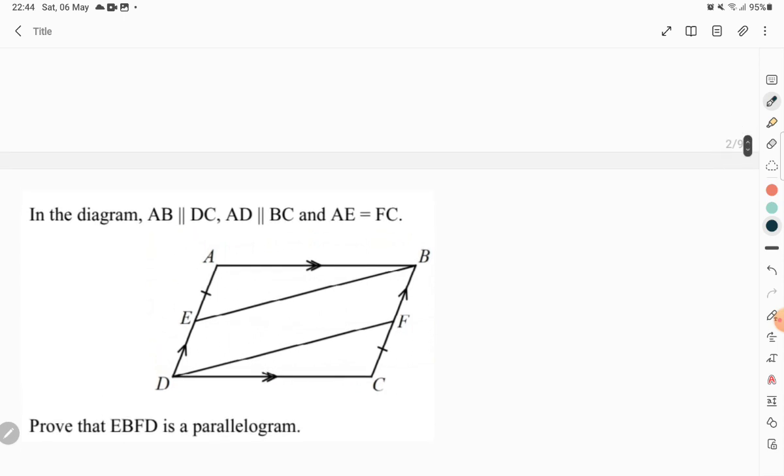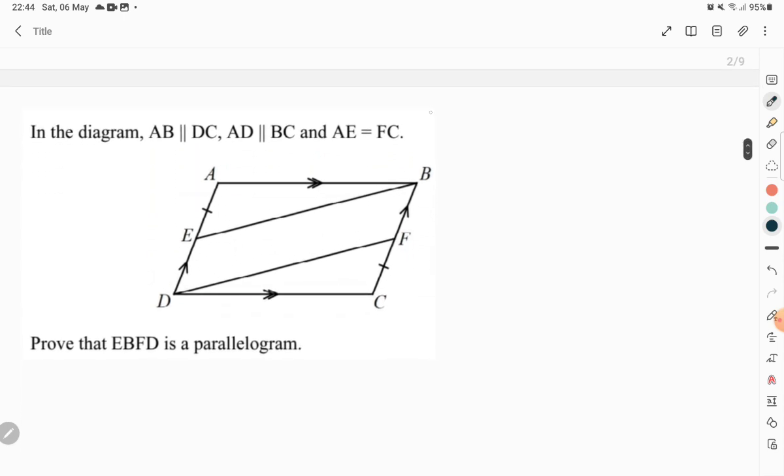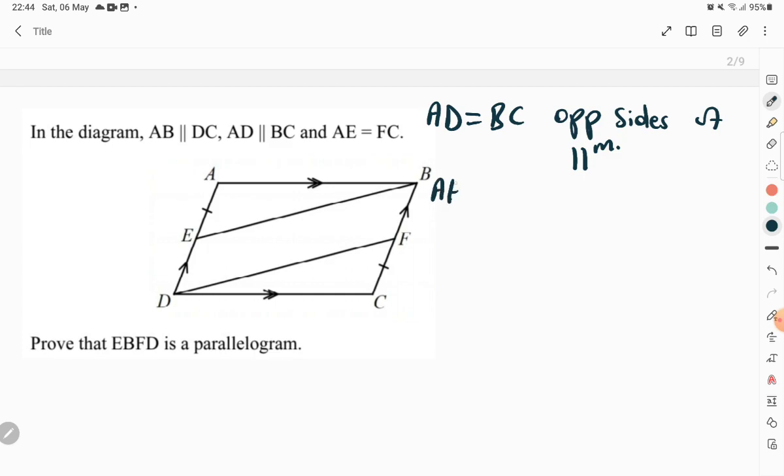We know that AD is actually equal to BC, and the reason is these are the opposite sides of a parallelogram. Now after having that, we know that AE is actually equal to FC, and that one is given.